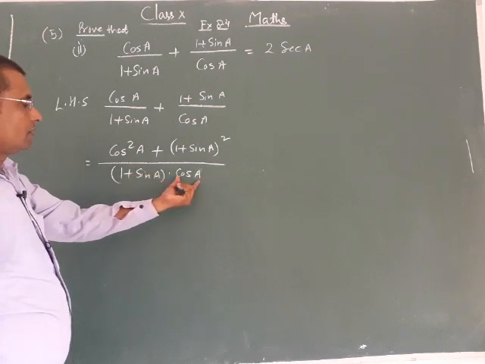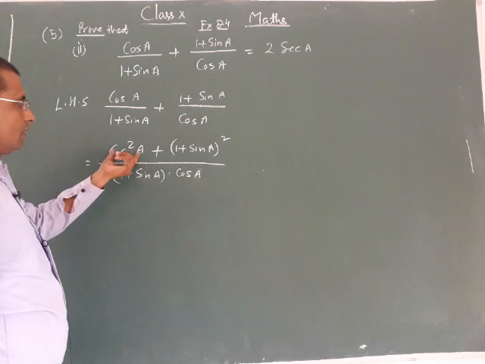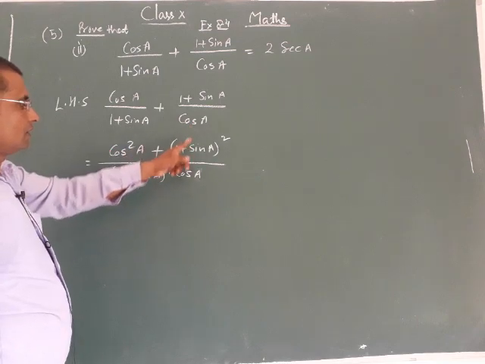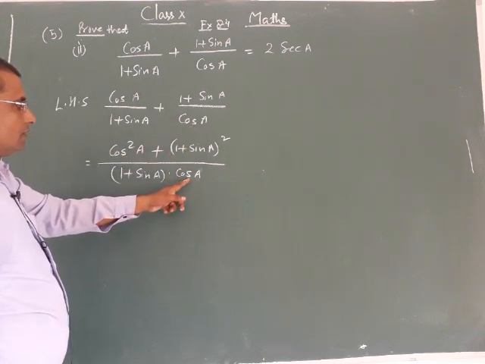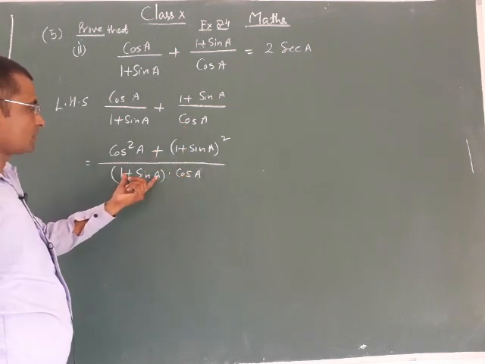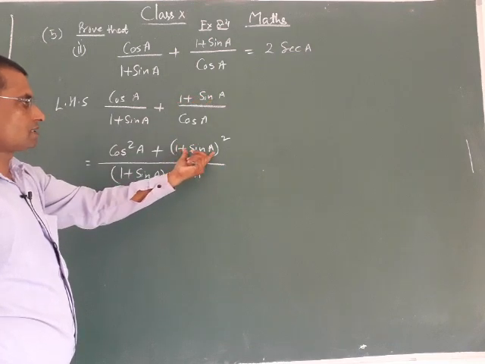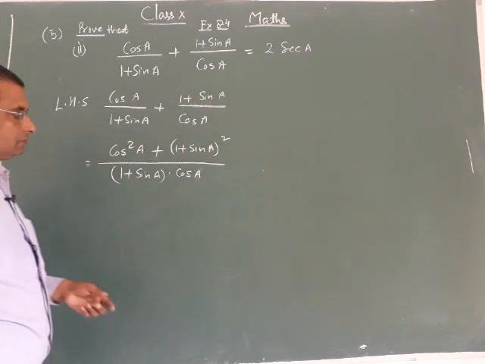So, remaining cos A multiplied by cos A, we get cos square. Also, cos A and cos A divide, so cancel out. So, remaining 1 plus sin A multiplied by 1 plus sin A, so (1 plus sin A) whole square.